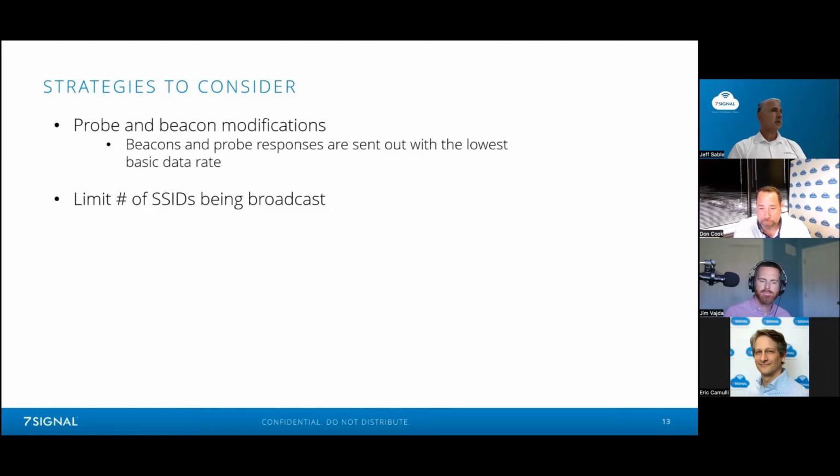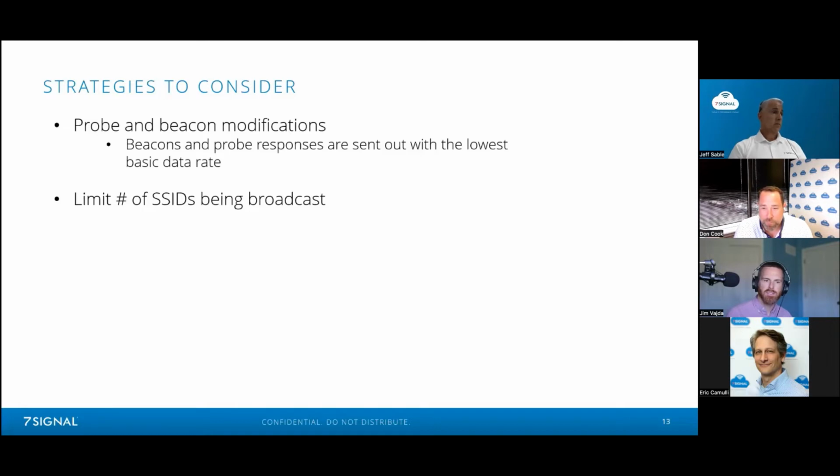And Jim, I'm going to ask you to confirm, did I articulate that correctly? Yeah. By disabling those low data rates completely, that means management and control traffic has to use a higher data rate. And we're talking somewhere probably 12 megabits per second, or maybe 24 in a very high density environment.